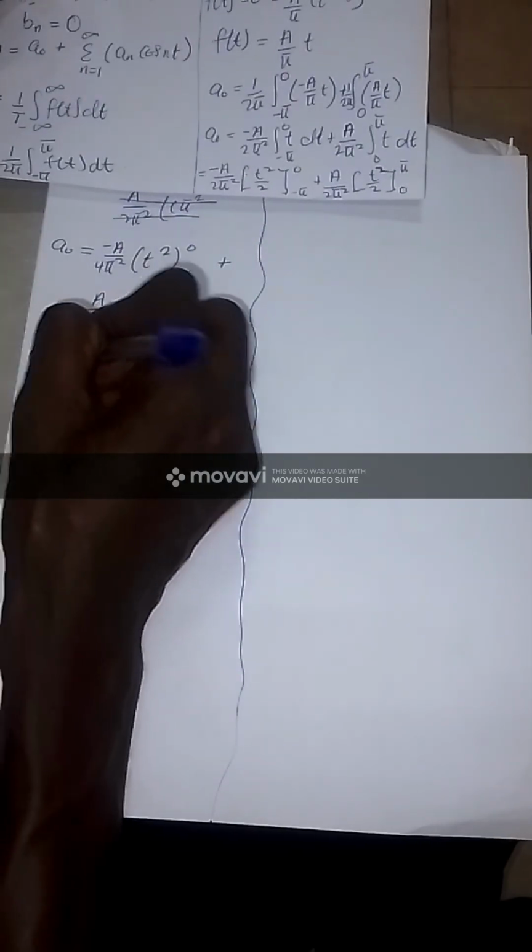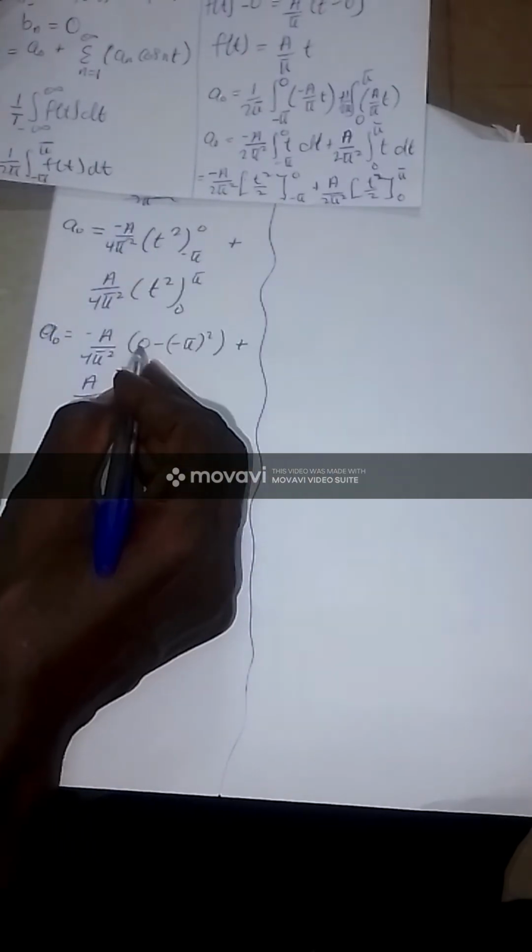Now let me introduce my limits. I'll get minus a over 4 pi squared into 0 minus pi squared. In that case, I'll have plus a over 4 pi squared into, always the upper limit first. The upper limit is pi here. Before, the upper limit was 0, so I put in 0 first before the minus pi.